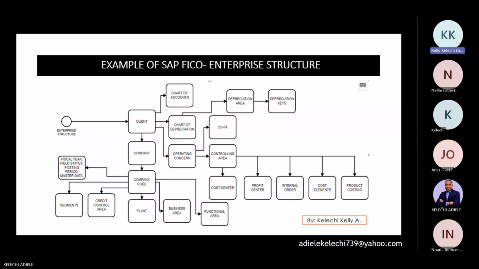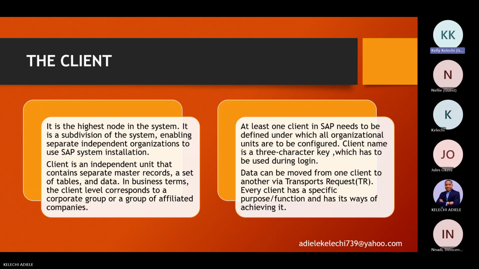Once you leave the client, you come to the company code structure. At the company, you have different company codes. Let me just show you this. So this is the client, this is the company, this is the company code.